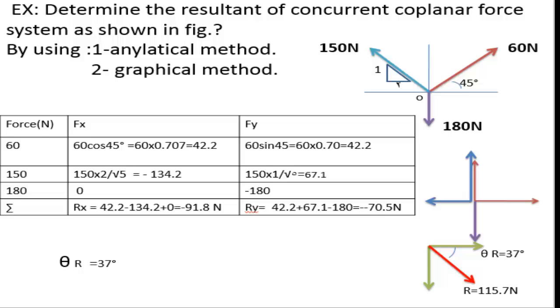Then the resultant will be equal to 115.7 Newton. We must find the direction of this resultant force, theta R. Theta R will be equal to 37 degrees.